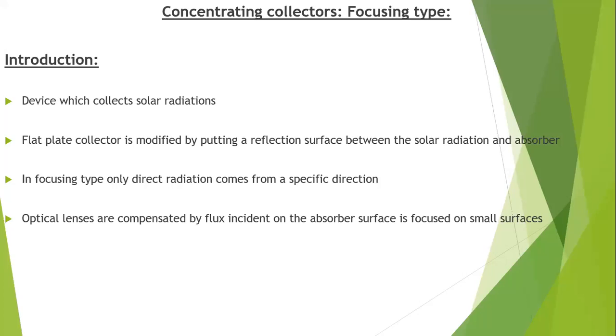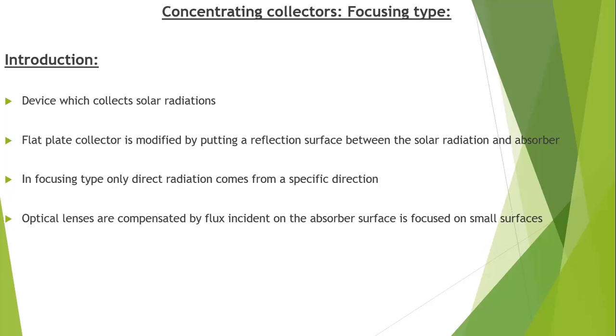The main difference between focusing and non-focusing types is that the focusing type concentrates only the direct radiation. In solar radiation we have direct radiation, diffuse radiation, beam radiation and so on, but the focusing type concentrates only the direct radiation coming from a specific direction. Since diffuse radiation arrives from all directions, only a very small proportion is from the direction for which focusing occurs.